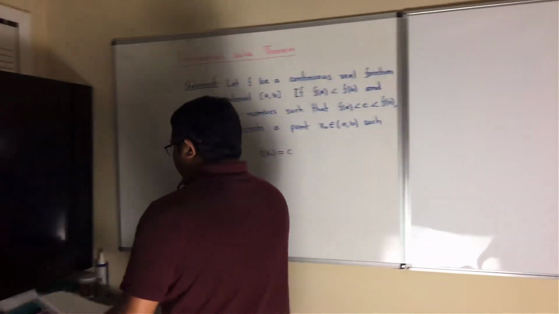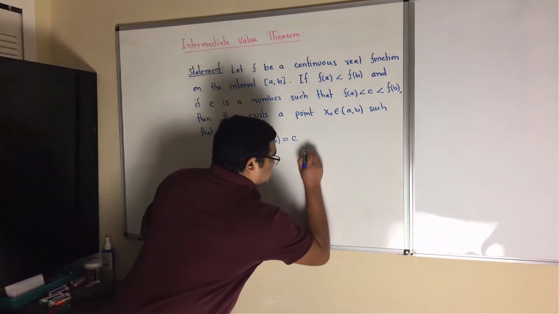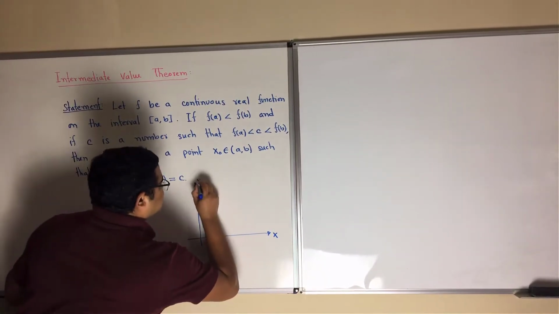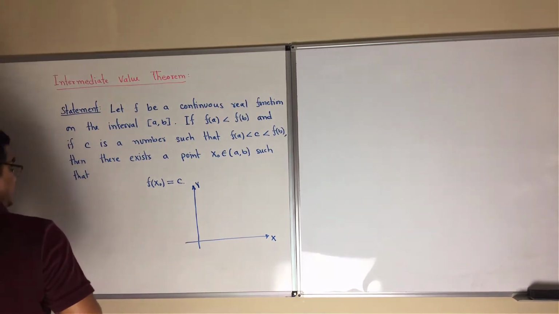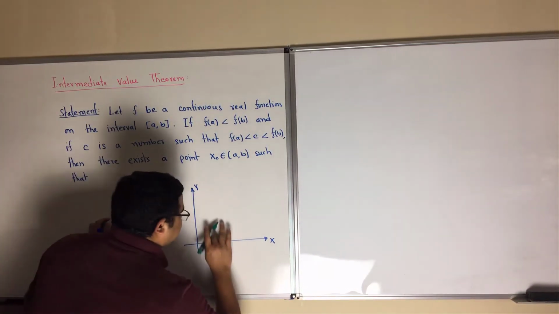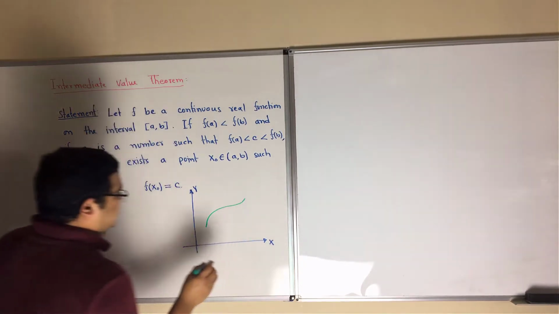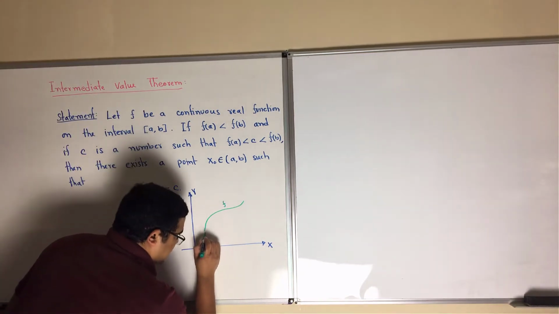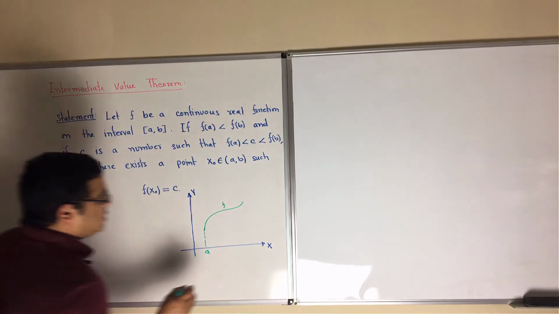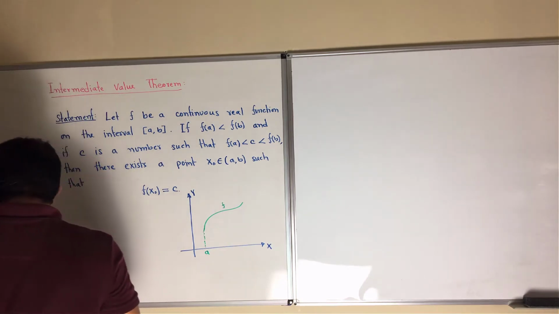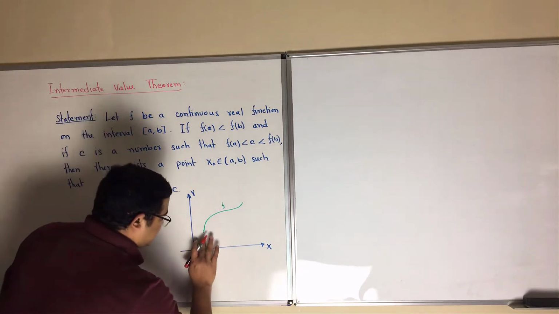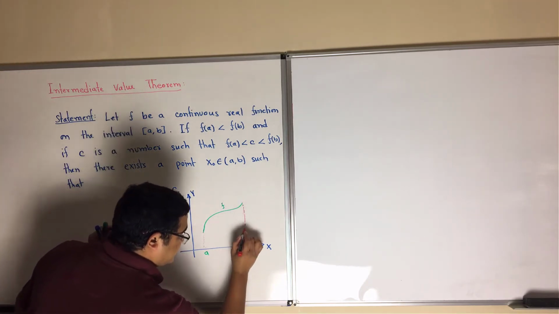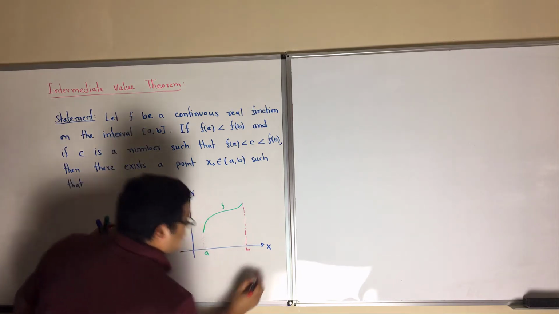Now, graphically you can think this way. Suppose this is the x axis, this is the y axis, and you have a function f, and this point is a, the lower limit, and this point is b.